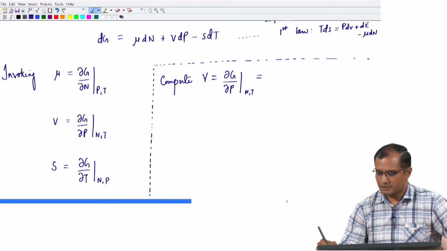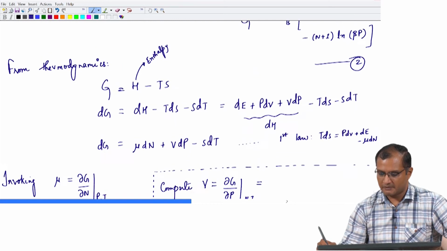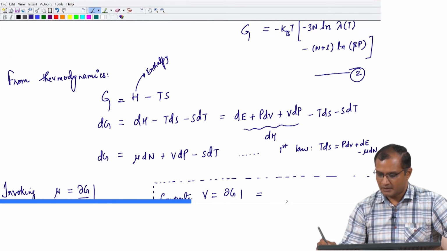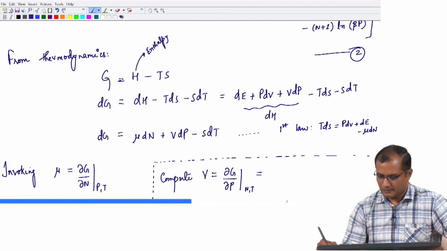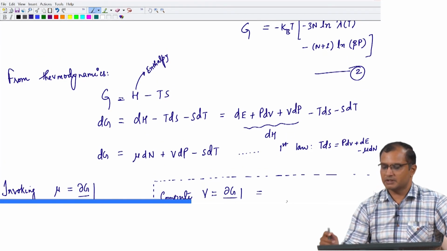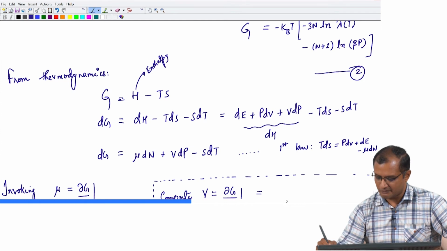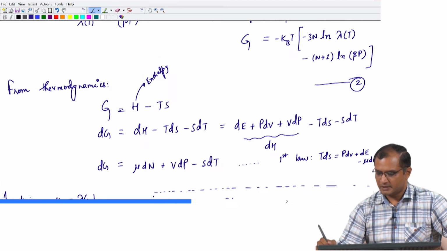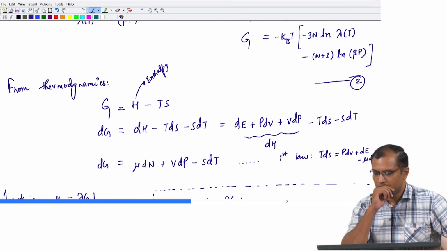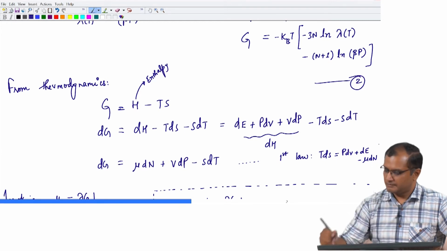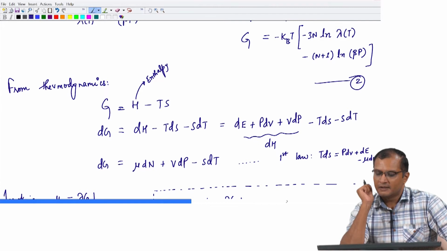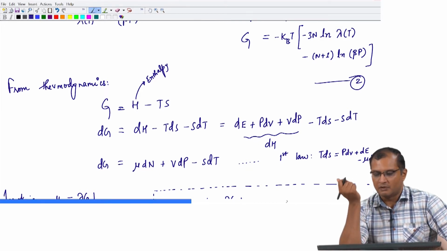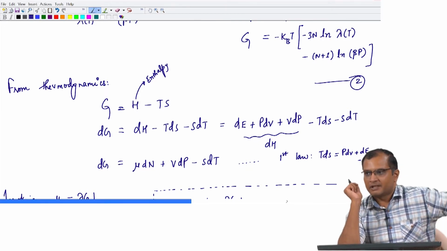So, let us look at the expression for the Gibbs free energy. So, if you hold temperature and number of particles constant, then I can see that the first term in the Gibbs free energy does not contribute to volume, because it depends only on number of particles and temperature.